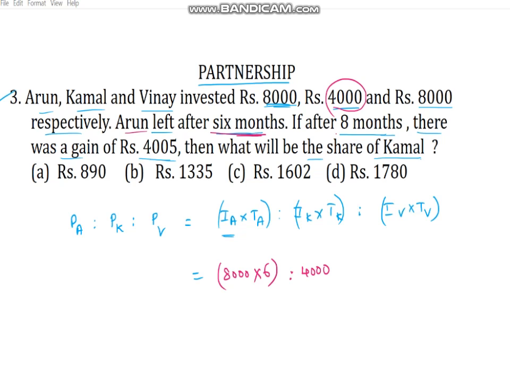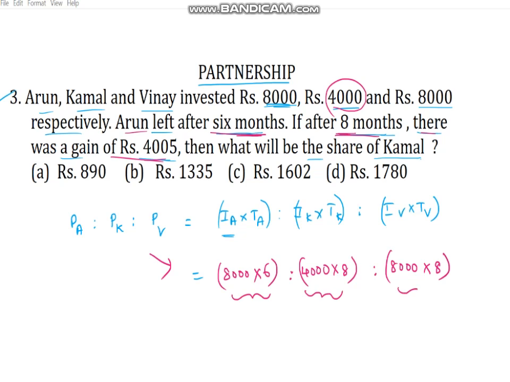If after 8 months there was a gain, they closed their business after 8 months. So Kamal invested his amount for 8 months, is to investment of Vinay, 8,000. He also invested for 8 months. Writing this is very important, friends.